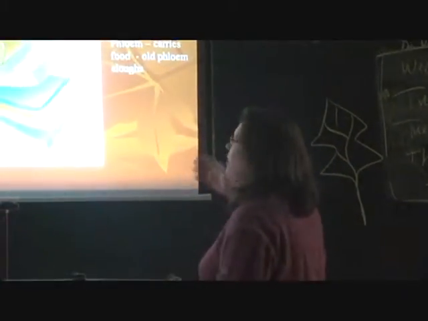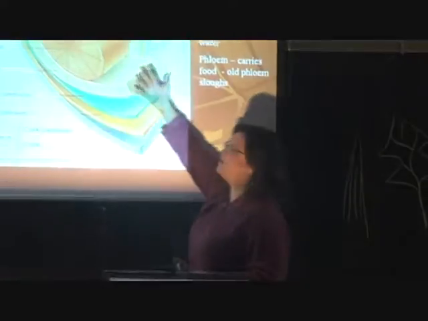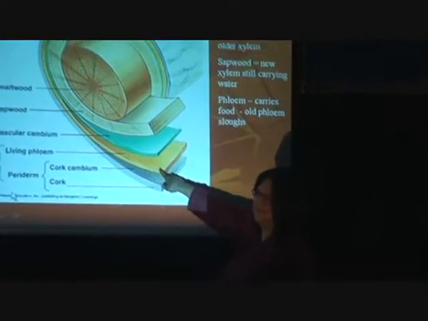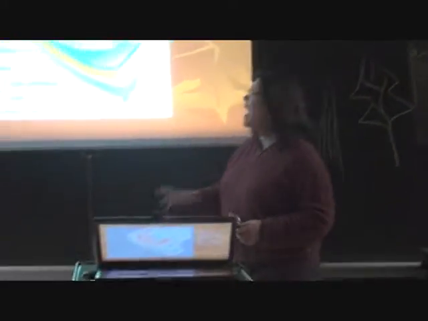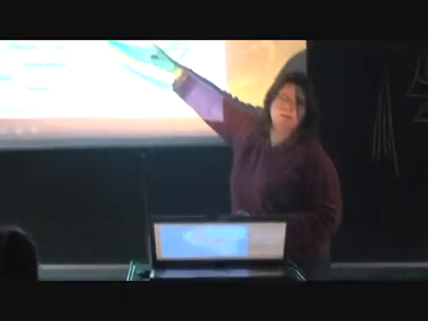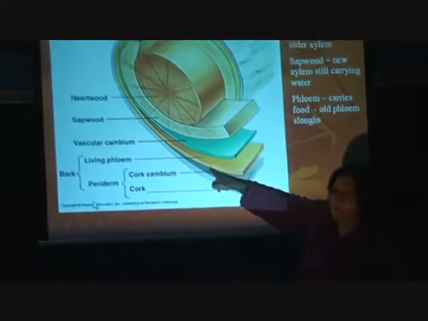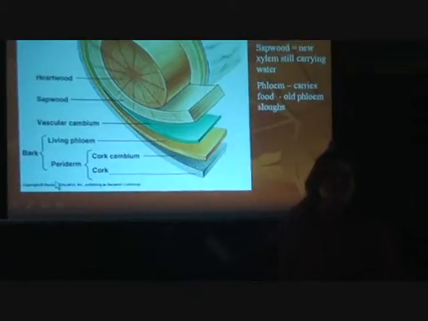They're the super hard, double cell walled cells, whereas this is parenchyma. So that's why they slough off. They're not super hard, and they're not for support. And again, the xylem's for transporting water, and the phloem for food. It's sugar, fine. So this is sugar, this is water and minerals.